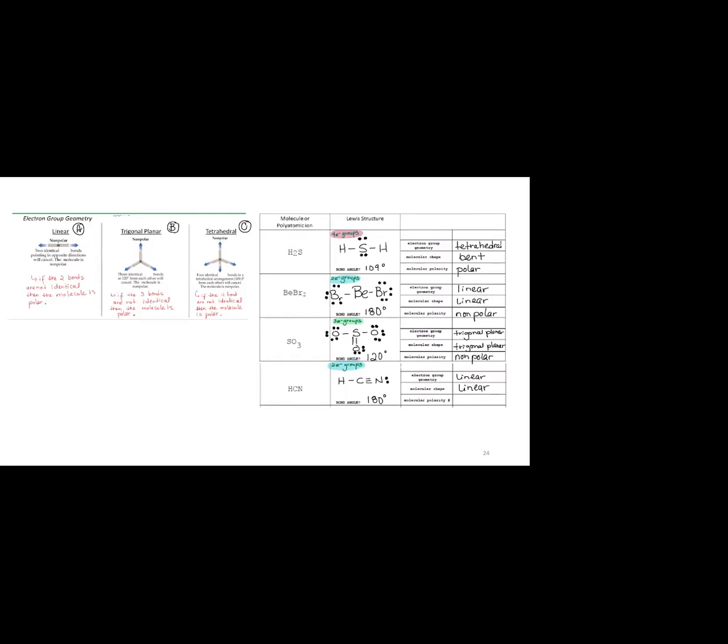Now, remember, if I'm linear, I need identical. I need to be holding the same atom on either side. So is carbon holding the same atom on either side? Great job. It's not holding the same atom. So if you're not holding the same atom, then that makes you exactly polar.